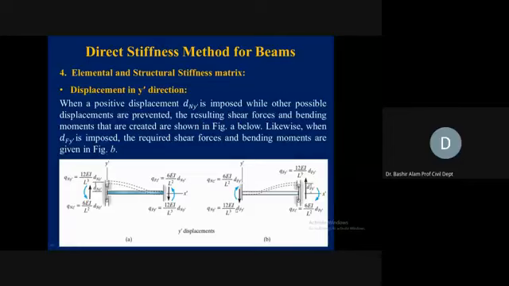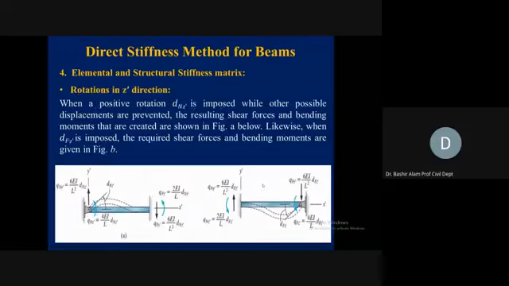From here we are generating the third column of the stiffness coefficient matrix, but we have shown them together on the same slide because we are discussing the vertical translation given and the resulting member end actions. This diagram will help you generate the third column of the stiffness coefficient matrix.